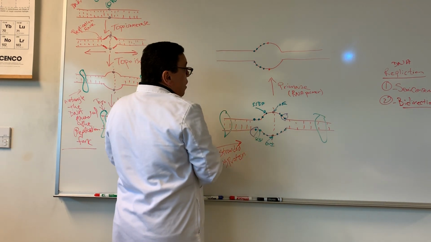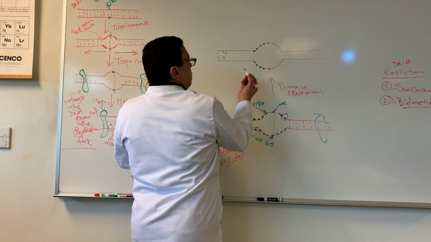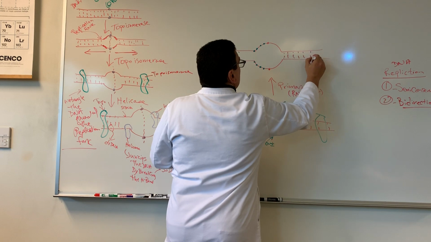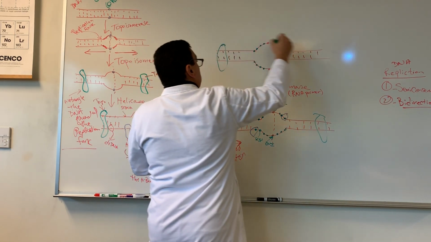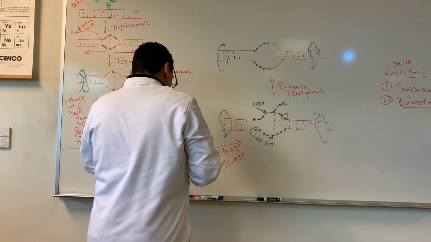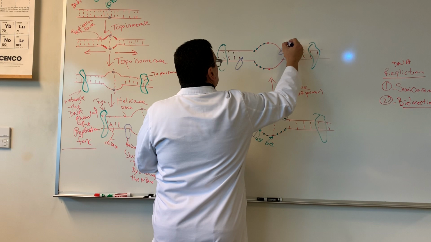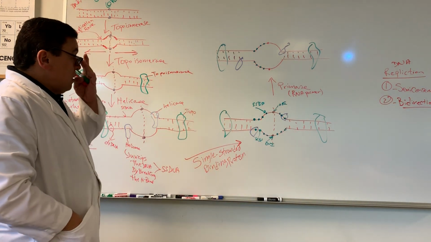Okay, I'm going to have the double-stranded DNA on this side. Okay, I'm going to have the topoisomerase. The helicase is unzipping the DNA by breaking down the hydrogen bonds. And here comes the primase.